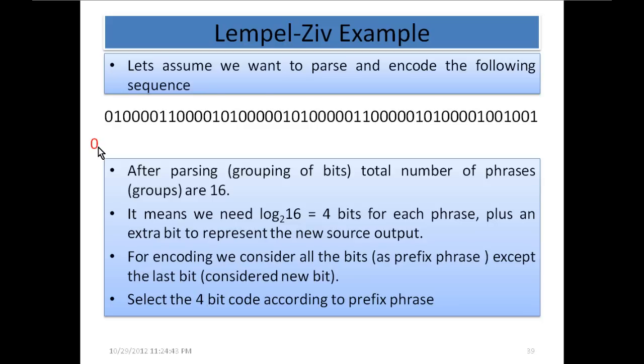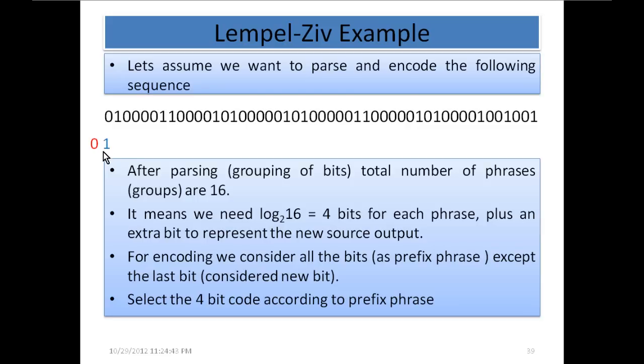The Lempel-Ziv encoder will look into its buffer portion, which it calls the dictionary, and will try to find if this 0 is stored in that buffer area or not. Since this is the first bit or first symbol received by the encoder, the buffer is empty. Since the buffer is empty, it will not find this 0 there, so it will output this 0 as it is, and it will add this 0 in its buffer at some specific location, giving it an index number or location number.